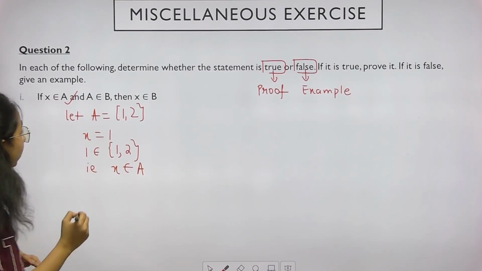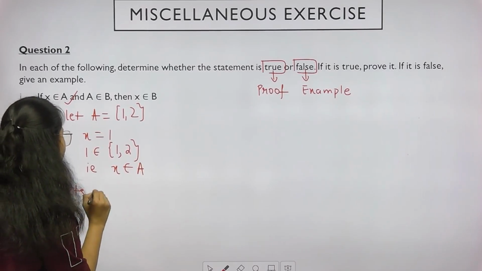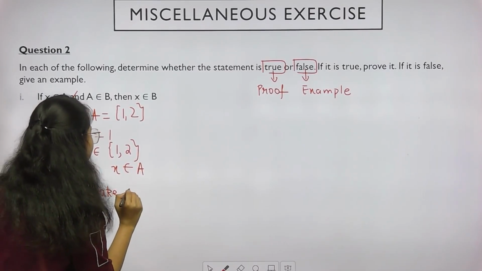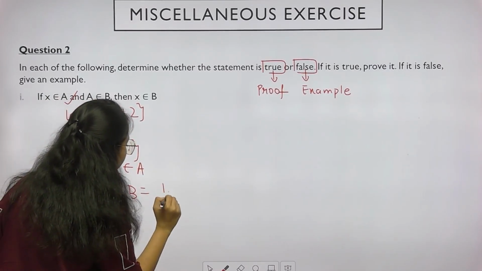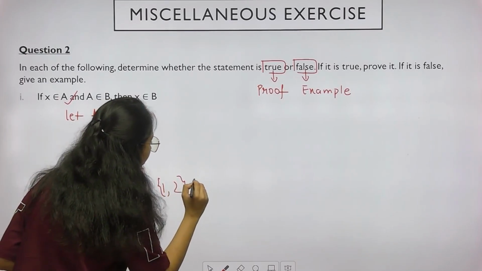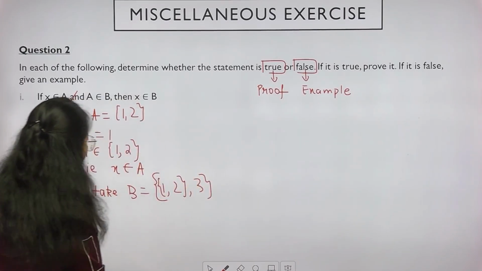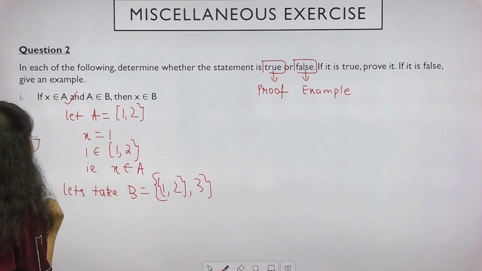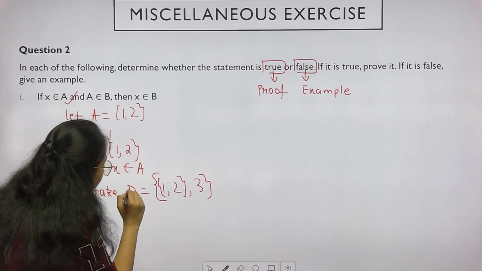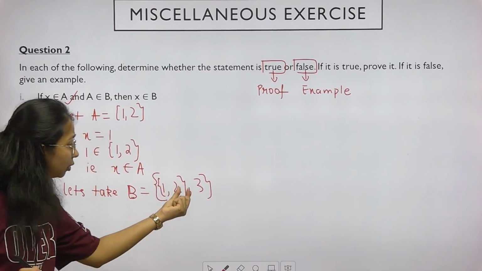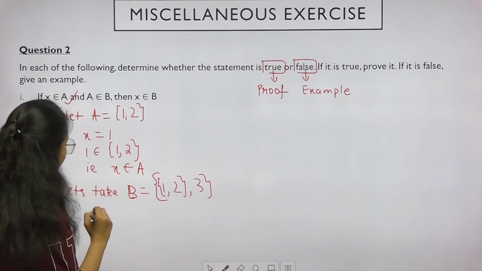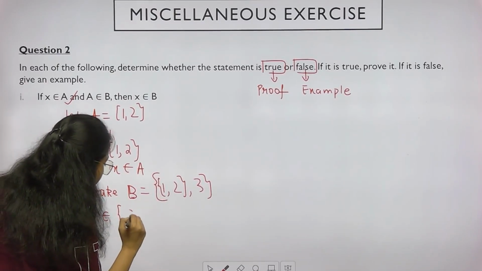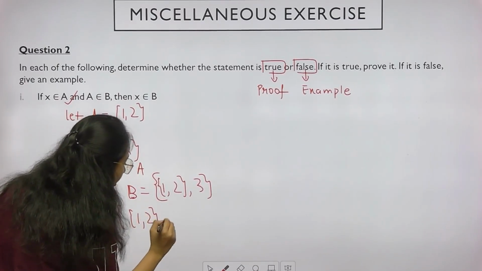Now we need to take set B. Let's take set B as curly bracket 1, 2, 3 because we are given that A belongs in B. So B will be equal to curly bracket 1, 2, 3. Does 1 belong to curly bracket 1, 2, 3?